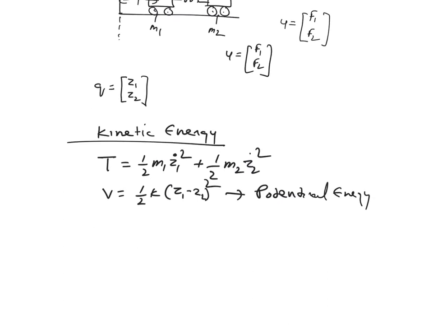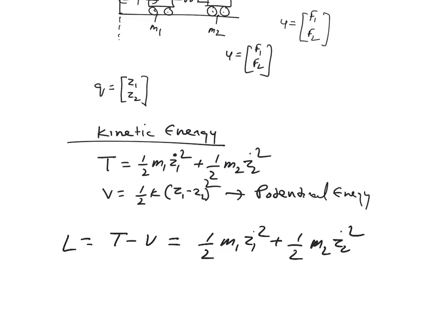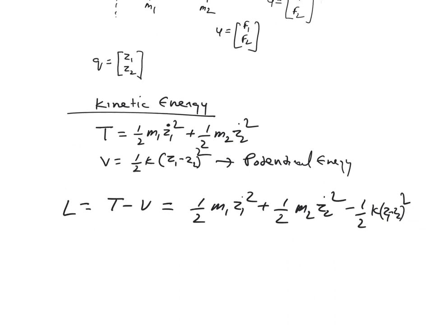Now our Lagrange's function is L equals T minus V, which is half M1 Z1 dot squared plus half M2 Z2 dot squared minus half K times Z1 minus Z2 whole squared. The next step is to get our equations of motion.